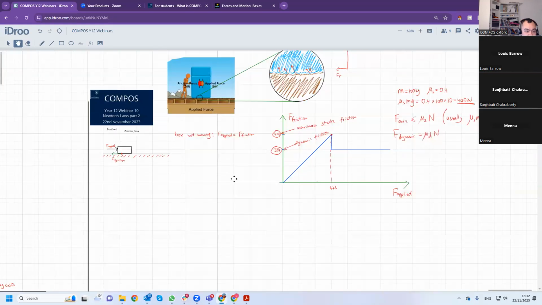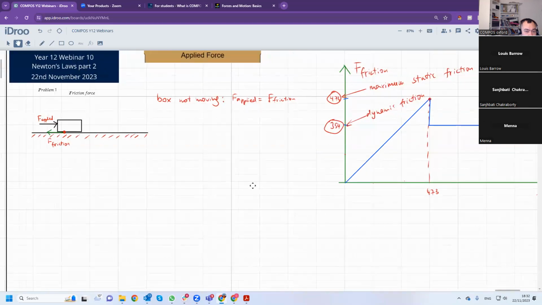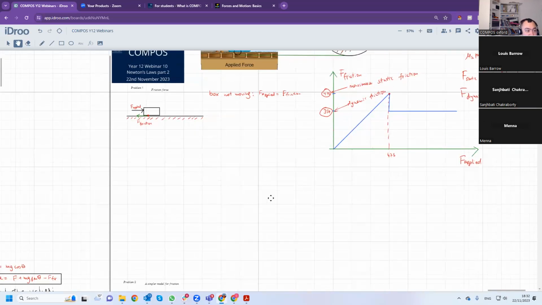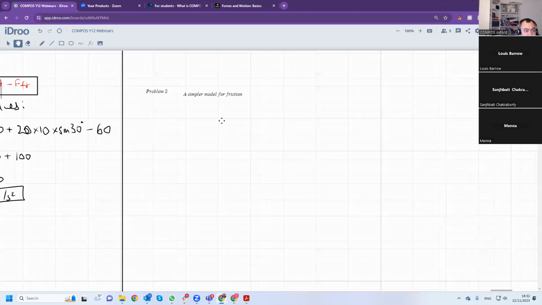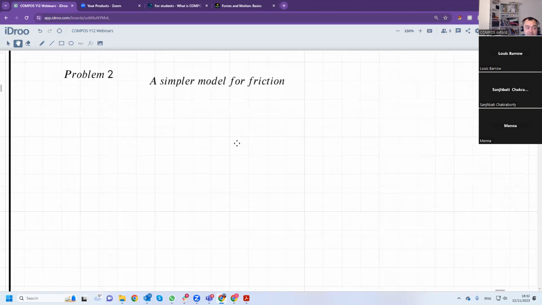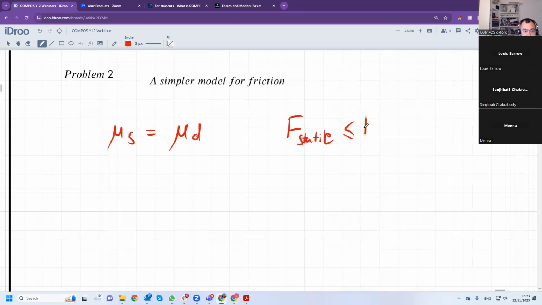Now, we're going to use a more simplified model for friction. A simpler model for friction is simply when the coefficient of static friction is equal to the coefficient of dynamic friction. And that means that F static is always less than or equal to F dynamic.